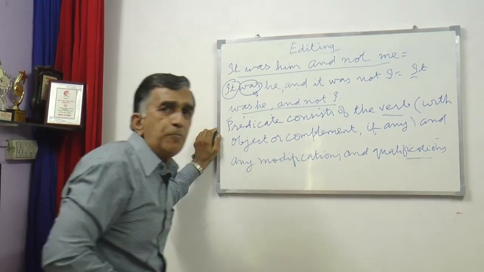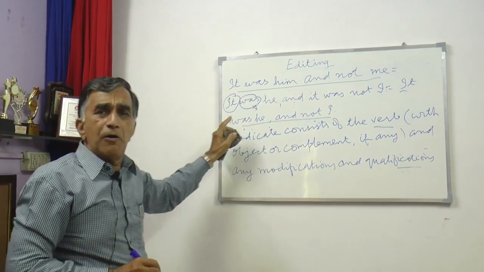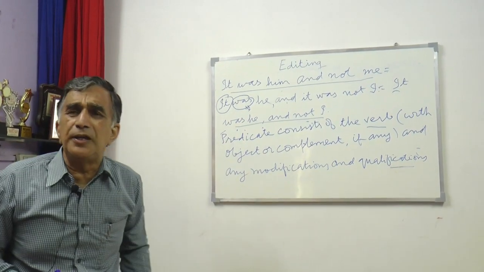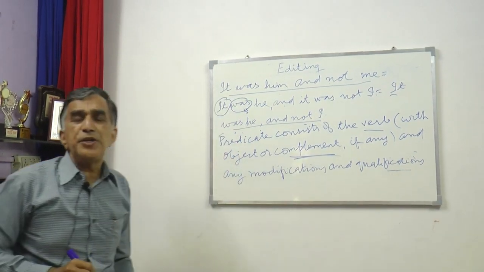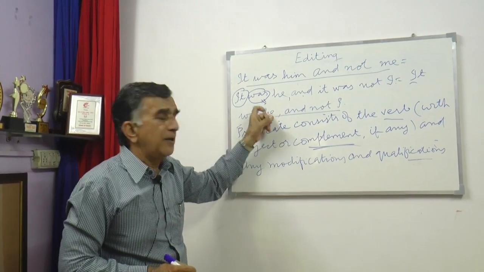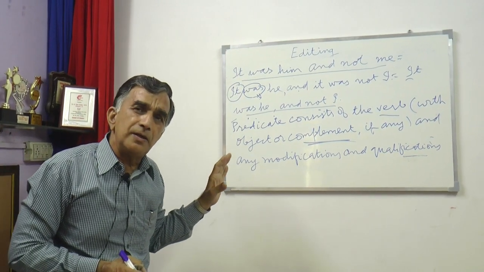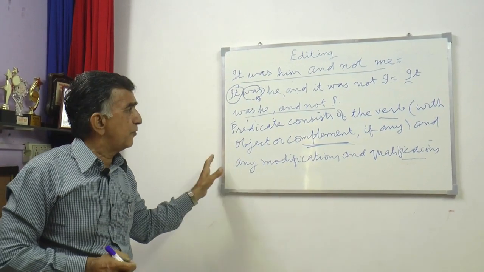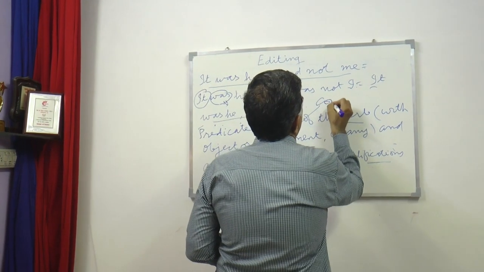With object or complement, if any. Now, when we have a verb of condition and sense is not clear, then we require a complement. We need a complement when the sense indicated by a verb of condition is not clear. So we use a complement or completer.